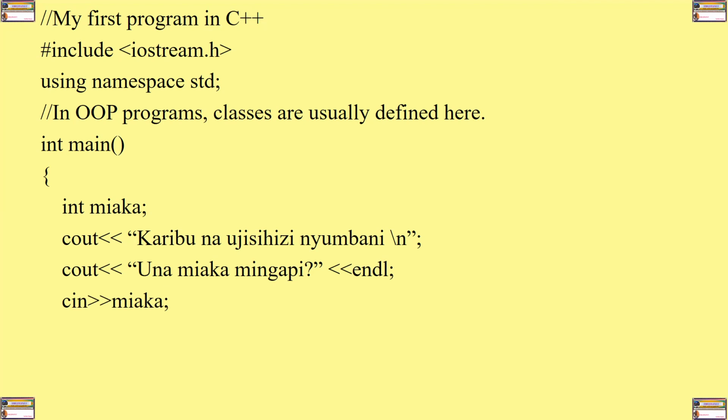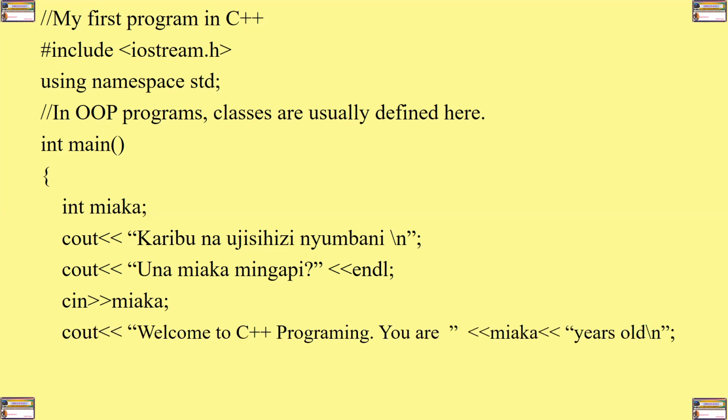Then cin, extraction operator, miaka, semicolon. Then cout, insertion operator, followed by a string or sequence of characters enclosed in double quotes. And this reads, "welcome to C++ programming.